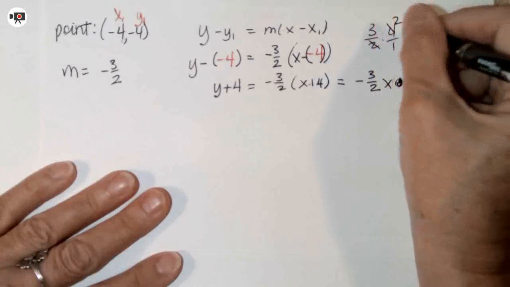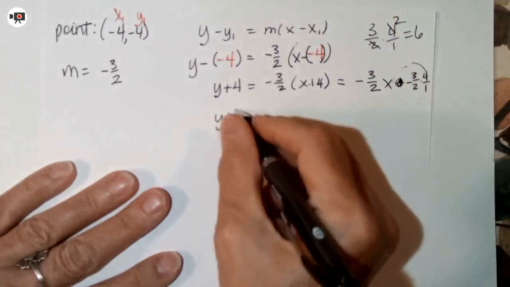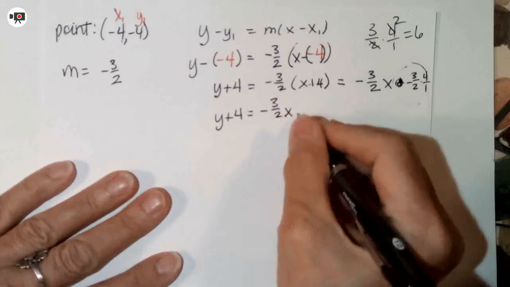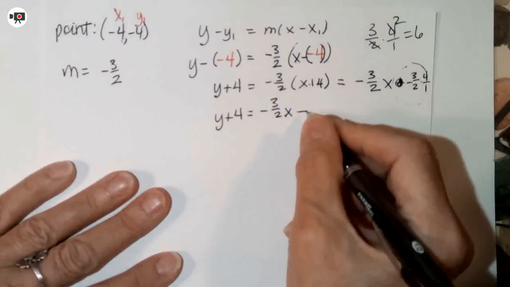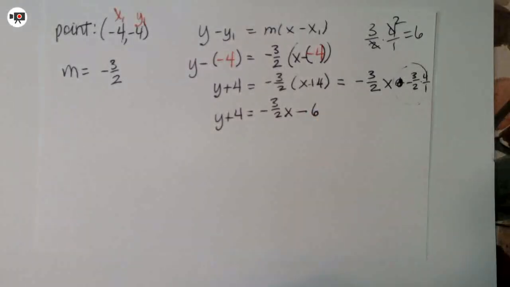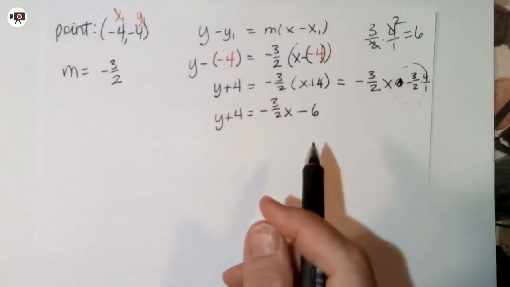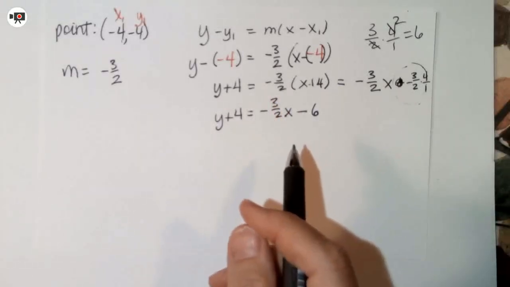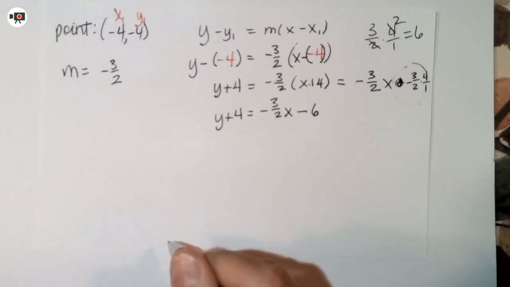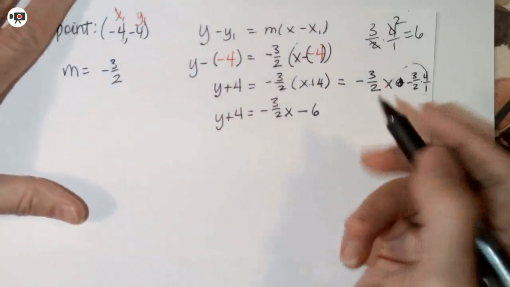There's going to be some canceling, and it's going to be 6. So, to rewrite it, there we go. Okay, so we started with point slope form, and now we're simplifying and rearranging to get it into standard form. Remember, the constant is going to need to be isolated, so I can do that.